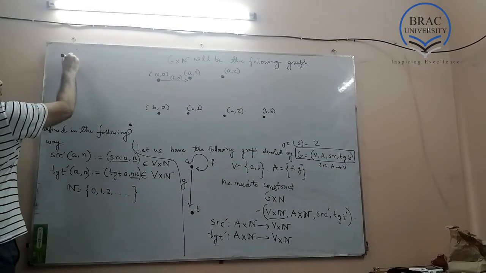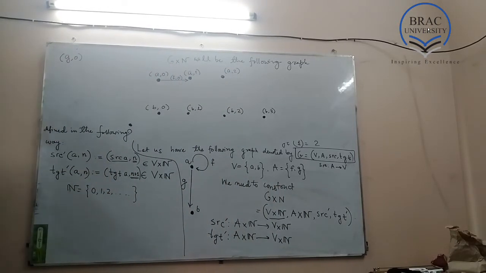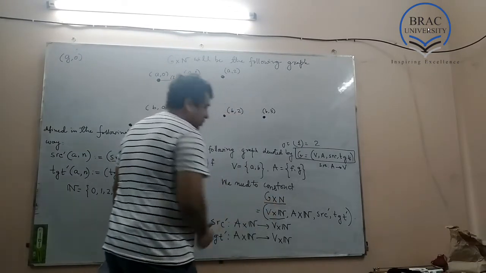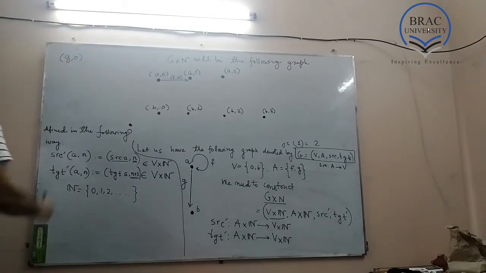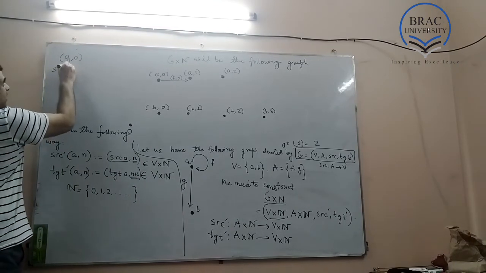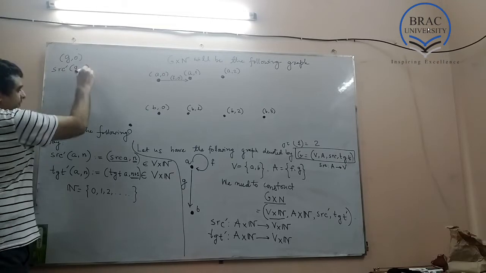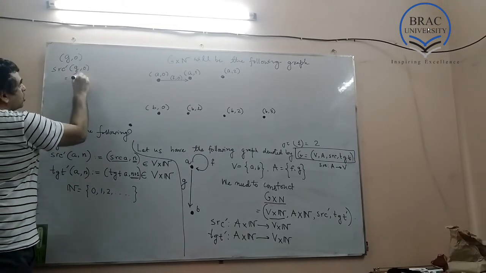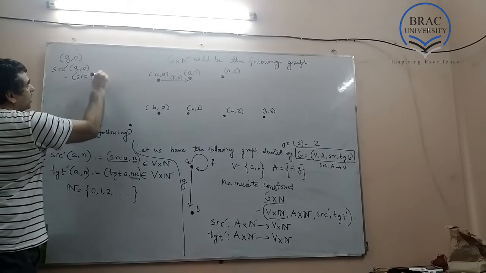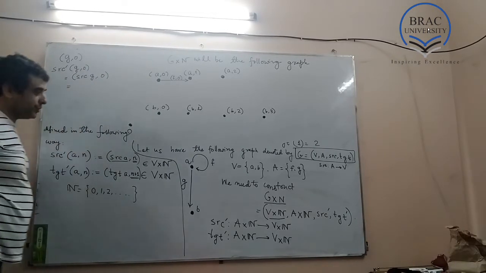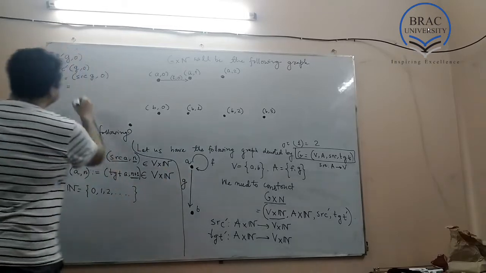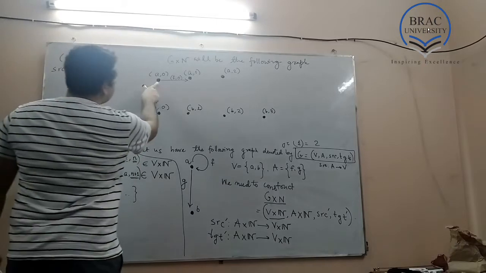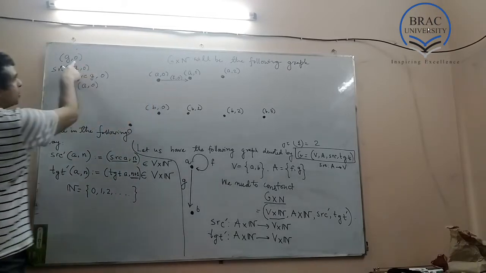So G comma 0 is another arrow in the product graph whose source, according to the definition, should be source of G comma 0. And what is the source of G? It is A comma 0. That is going to be the source of this map G comma 0.